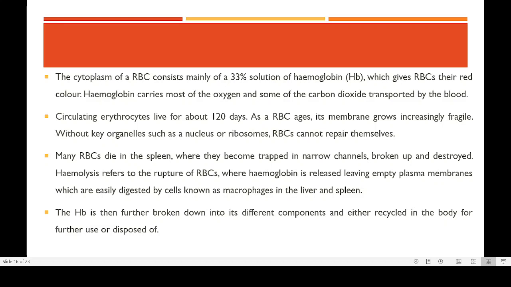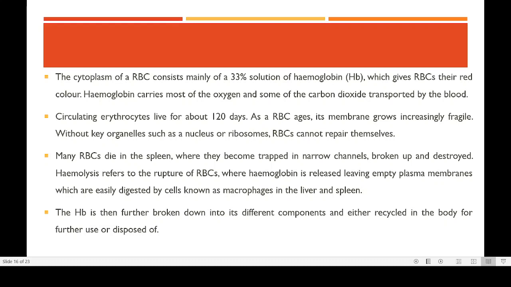Many RBC die in the spleen. Here you can see that they are trapped in narrow channels, broken up and destroyed. Hemolysis refers to rupture of RBC, where hemoglobin is released, leaving an empty plasma membrane, which is easily digested. After this 120 days of its life, RBC will be taken to an organ called the spleen. The spleen is a very tiny organ present near the liver.